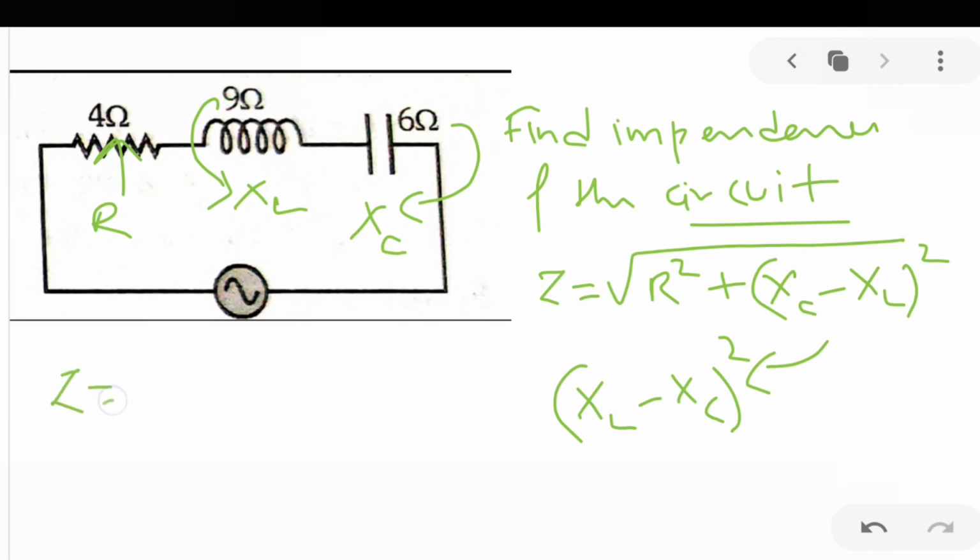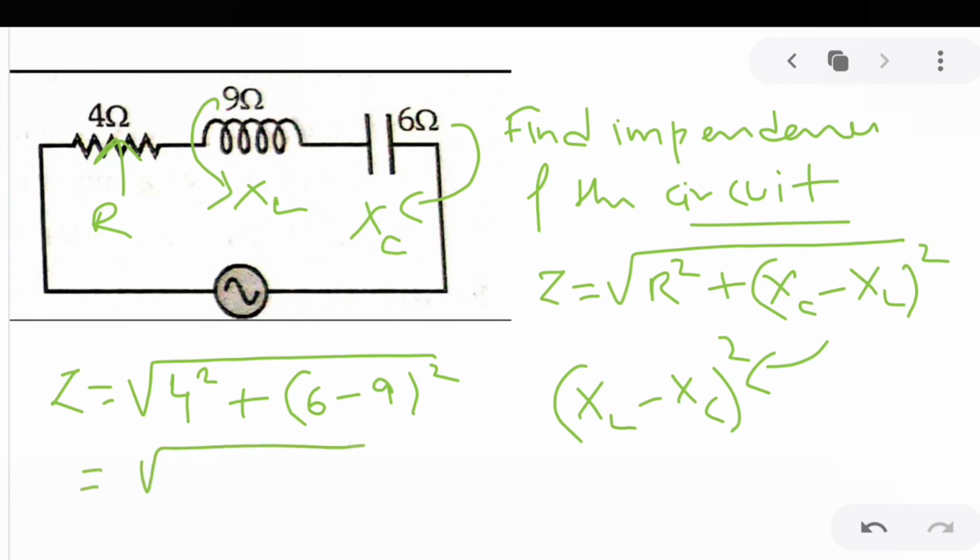Z is equal to the square root of 4 square plus 6 minus 9 the whole square. 6 minus 9 is minus 3, so 3 square. So this is 4 square plus 3 square, which is equal to 5 ohm. The impedance unit is ohm. So the impedance of the circuit is 5 ohm.